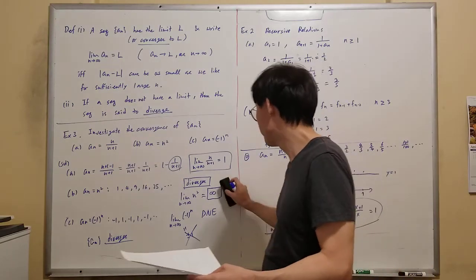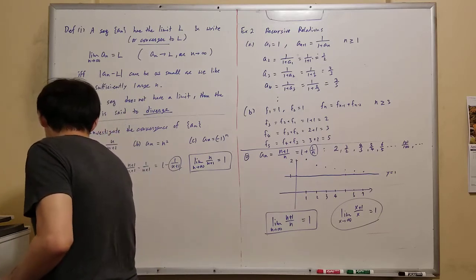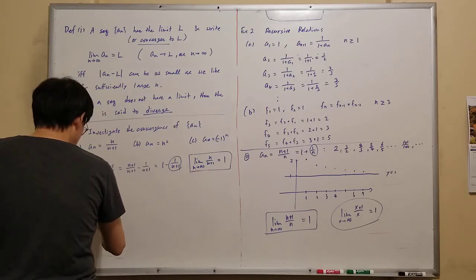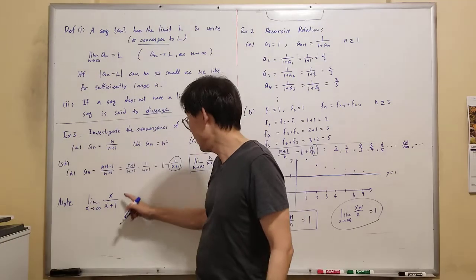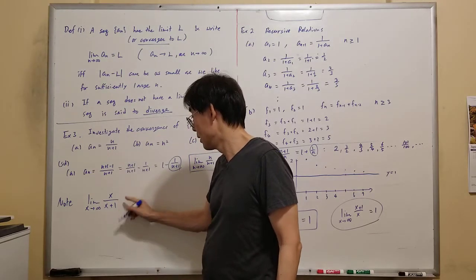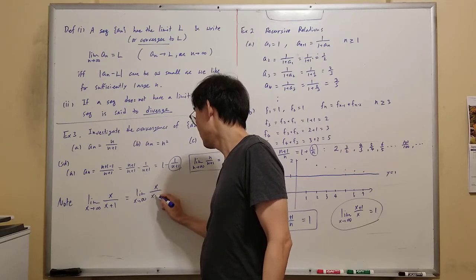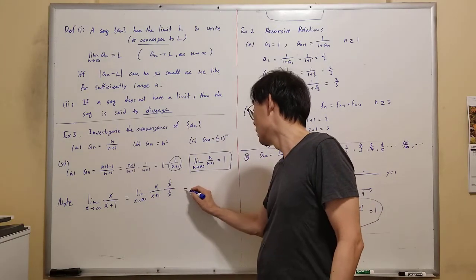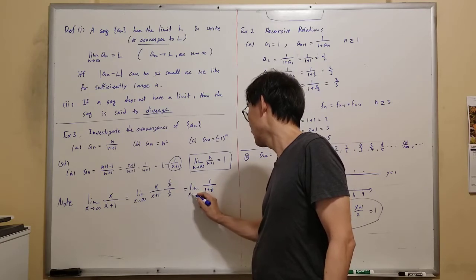Now, in comparison with this, in calculus 1 you learned that when you have the same degree, degree 1 and degree 1, what did you do? You divide both numerator and denominator by the highest power of the denominator. Then you get 1 over 1 plus 1 over x, x going to infinity.